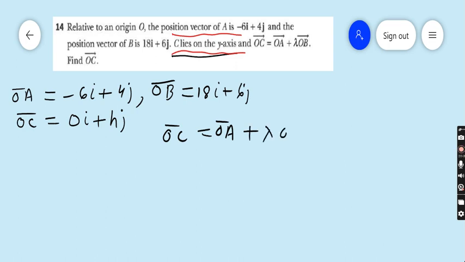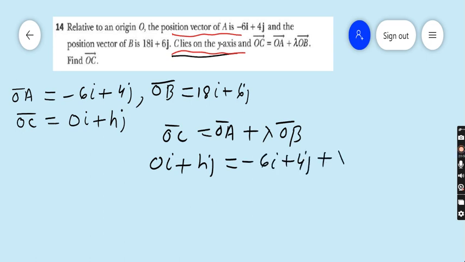Okay, now the condition is given OC is equals to OA plus lambda OB. So OC is 0i plus hj is equals to OA, given minus 6i plus 4j, plus lambda into OB, given 18i plus 6j.